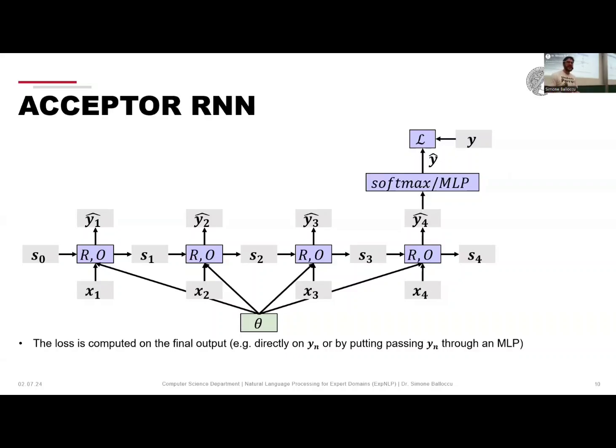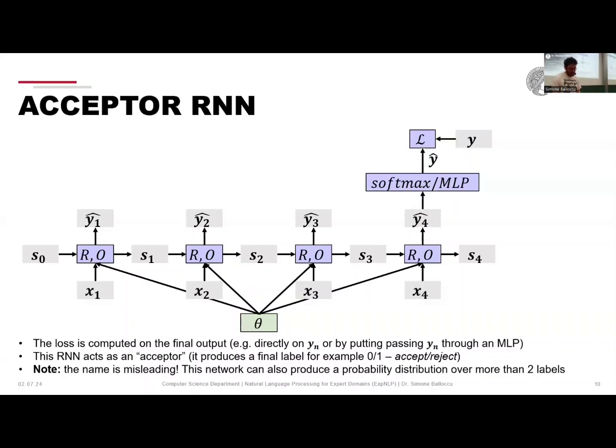This makes sense when the intermediate outputs are not necessary; you just discard them, and the final output is what matters in your task. This is called an acceptor because it works as if processing an entire sequence and producing a final label like 0 or 1, accept or reject. But do not get tricked by the name. It's not only for binary tasks. That can be a softmax, so you can have an RNN that processes an entire sequence and produces a probability distribution across 20 labels if you want. It's just how people call it.